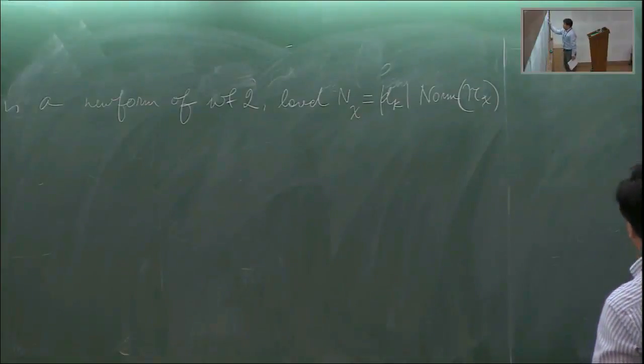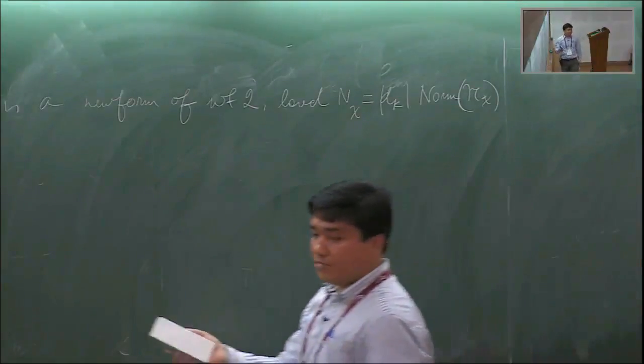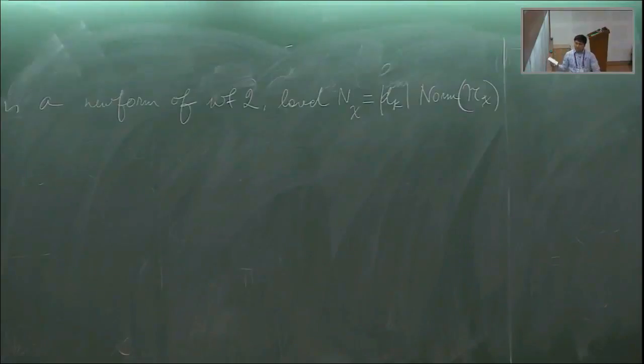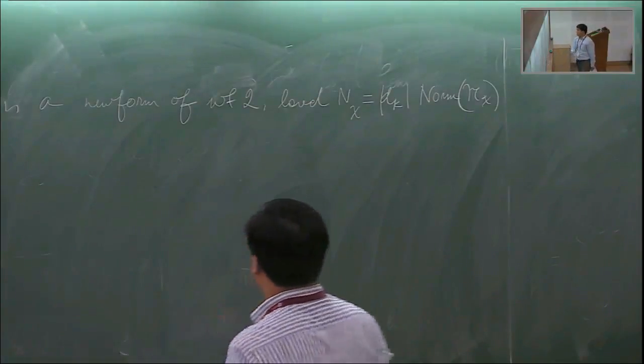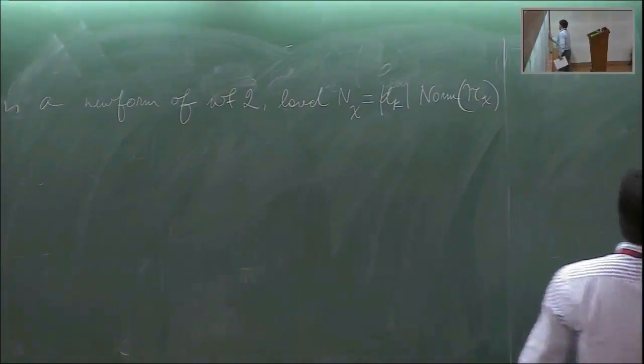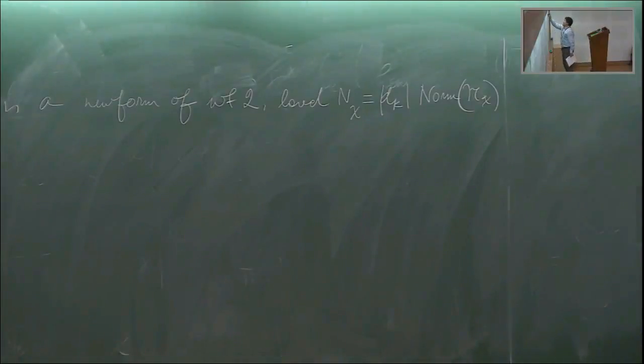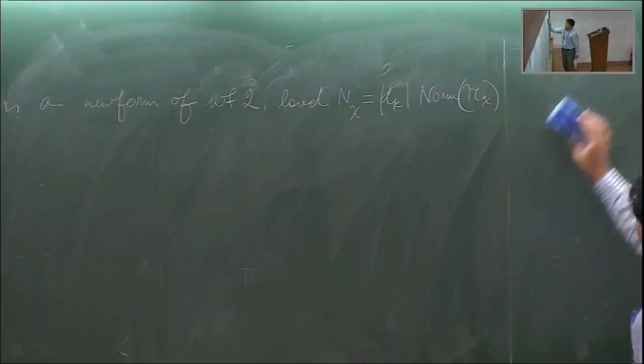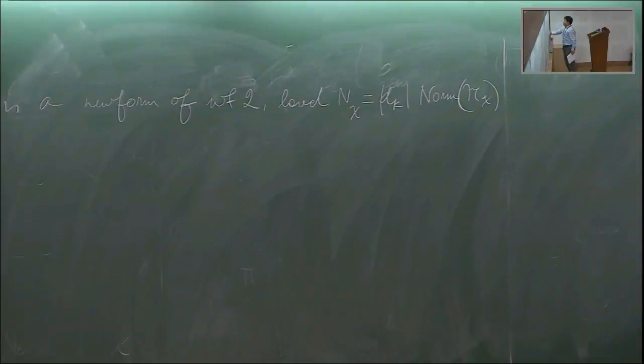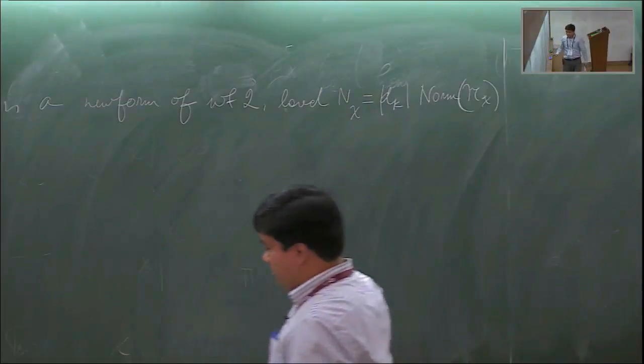Now I have this cusp form, and these will be the candidates for my newforms. So this is one general, nice way of writing down cusp forms.